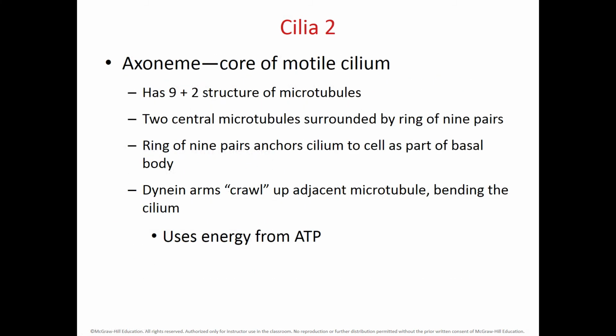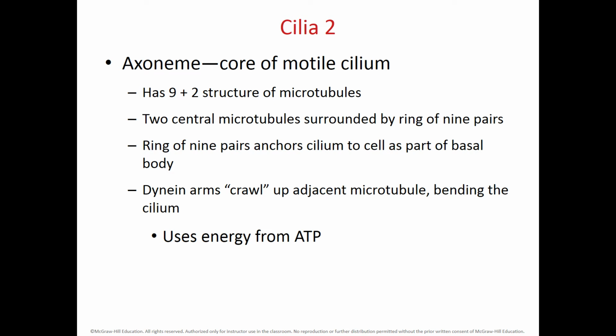Now, inside the cilia, you have a core that is called the axoneme. And within the axoneme, you have microtubules, which are cylindrical, hollow structures that have a protein called tubulin.